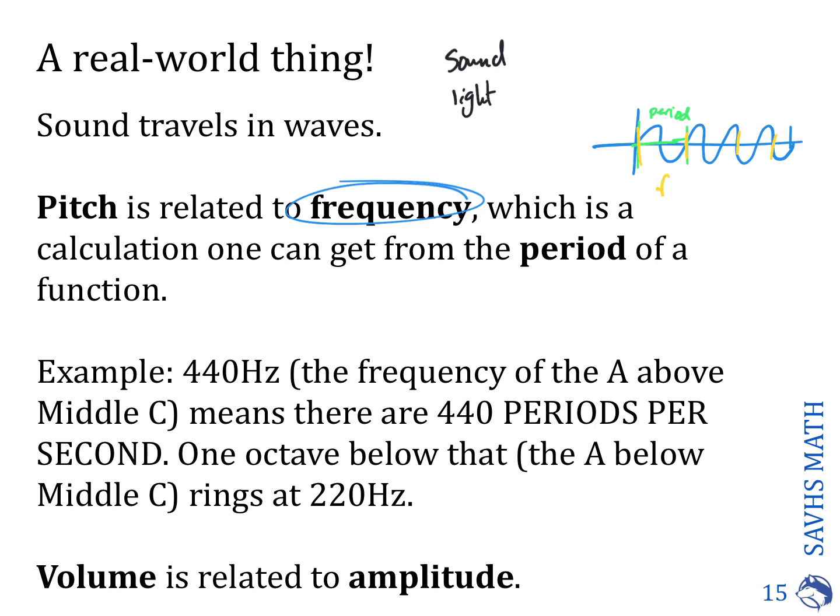So the frequency is how many periods are in a certain, I guess we would say time, because typically we measure frequency in terms of seconds, or how many times the wave goes up and down in seconds.